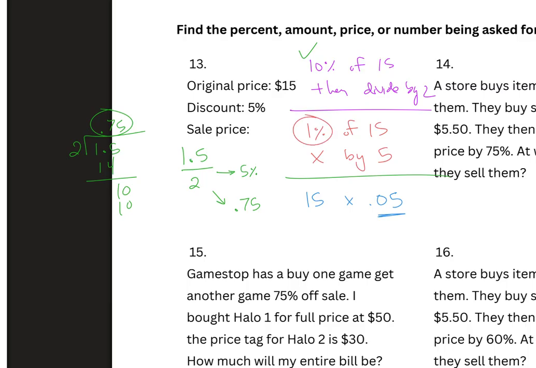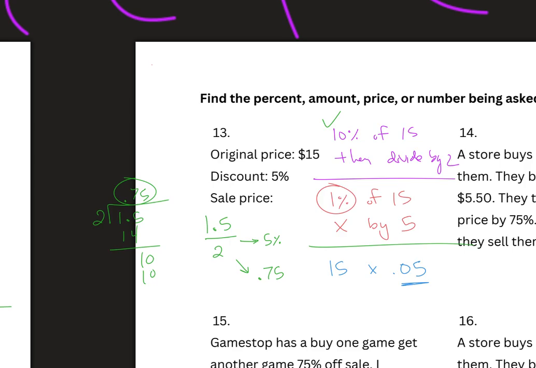Maybe we take 1%, which would be 0.15, because you take 15 and move the decimal twice. And if you're wondering how you get 1.5, that was just moving the decimal once. So 0.15 times 5, well, 5 times 5 is 25. 5 times 1 is 5, plus 2 is 7.